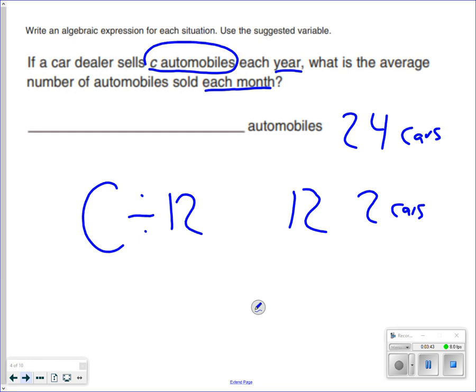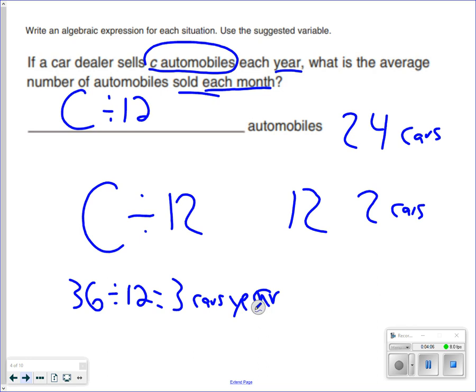I believe that is what our algebraic expression would look like. Because if they sold 36 cars that year, we divide that 36 by 12 to find out that they sold 3 cars a month. So our algebraic expression that will work every single time is C divided by 12.